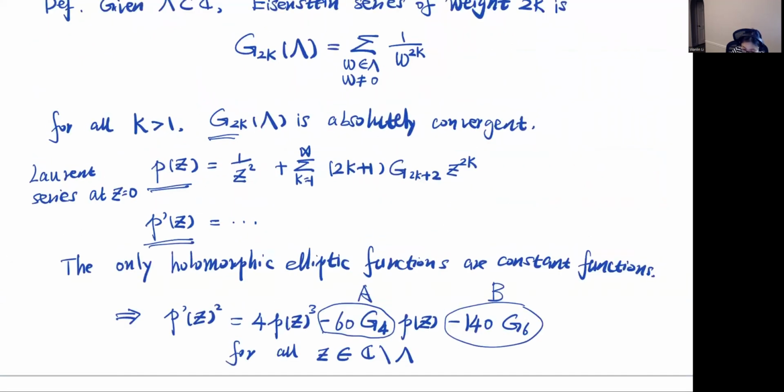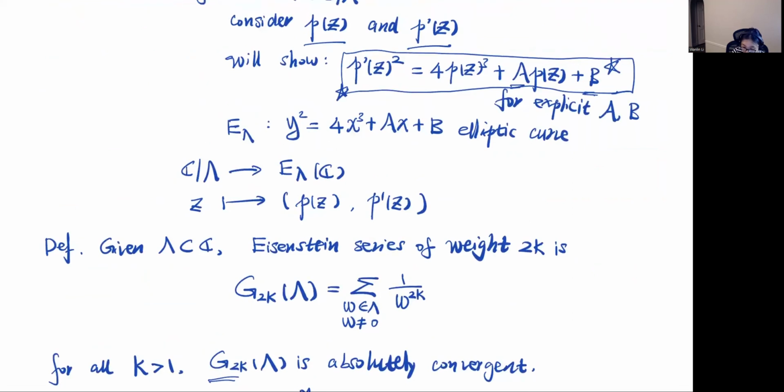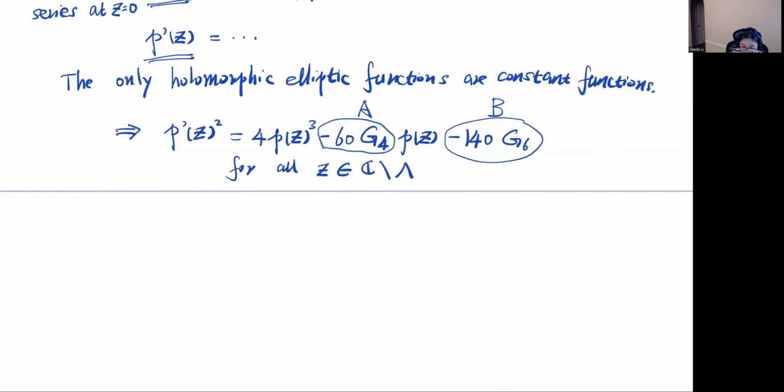Now with this differential equation for the Weierstrass ℘ function in hand, I'm able to construct an elliptic curve E_Λ such that the set of complex points on E_Λ is in one-to-one bijection with the set of points on C mod Λ. Let me write out the theorem just to recall what I'm saying.